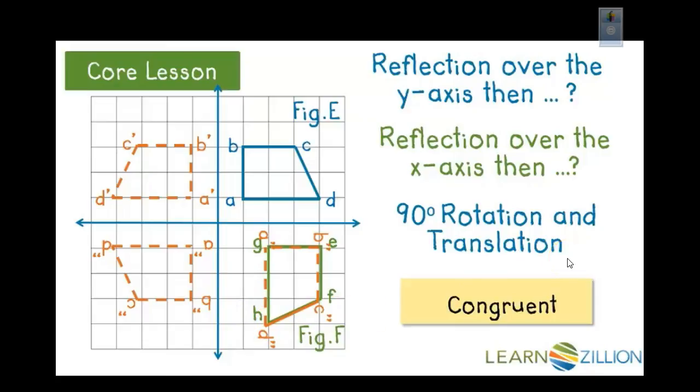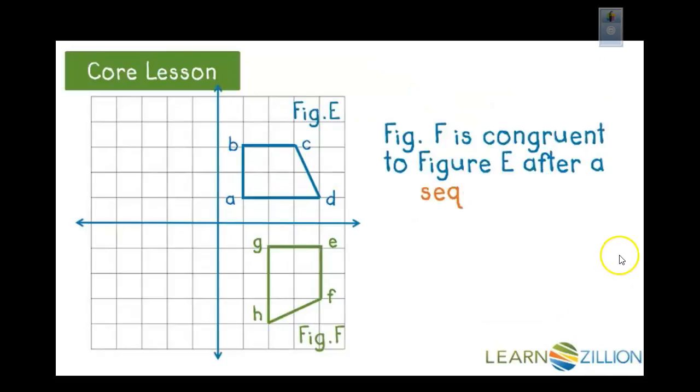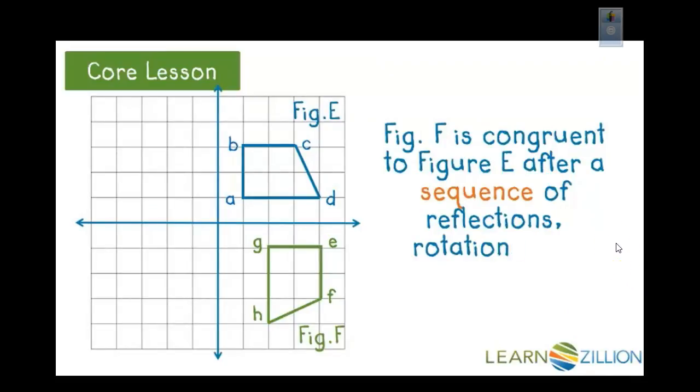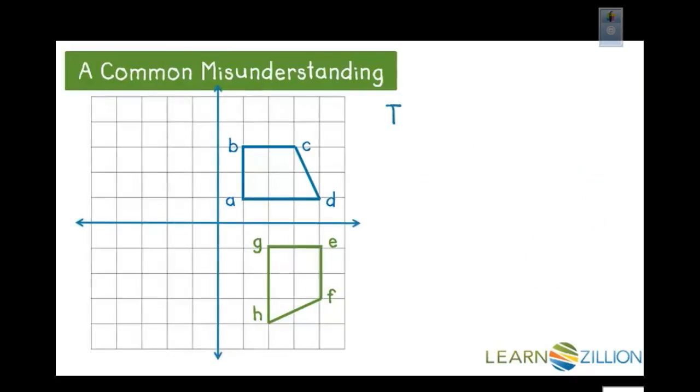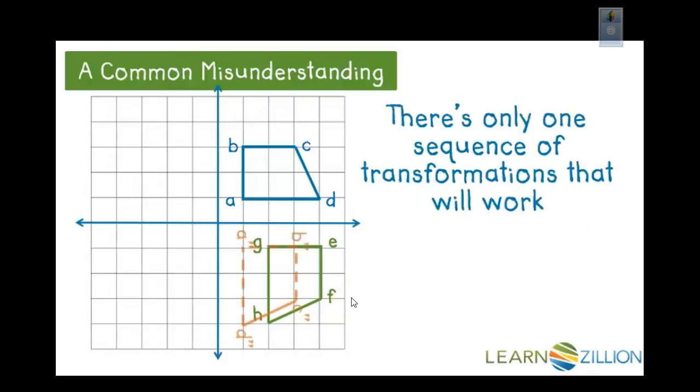We've demonstrated that figure F is congruent to figure E by using a sequence of transformations. We used a sequence of reflections, rotations, and translations to show congruency. A common misunderstanding is thinking that there's only one sequence of transformations that will demonstrate congruence.